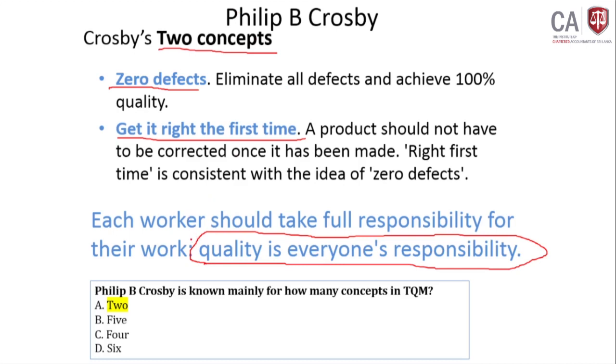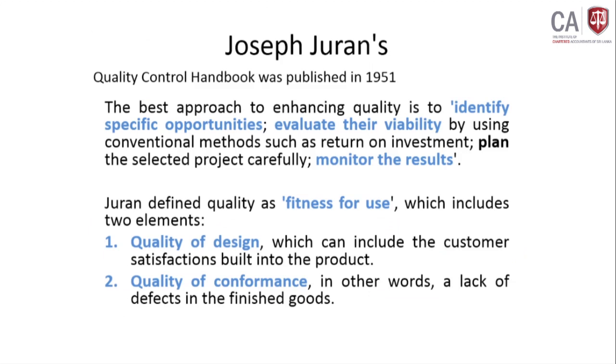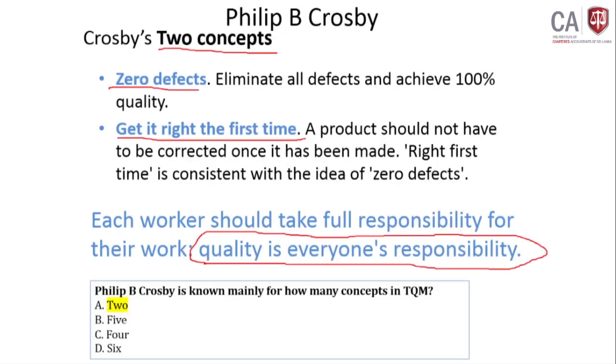In the question paper they will give three names: Crosby, Deming, Juran and some other. You have to select the best answer. As a question, Philip B. Crosby is known mainly for how many concepts in TQM? Number 1, number 2. Two concepts. He is talking about two concepts.